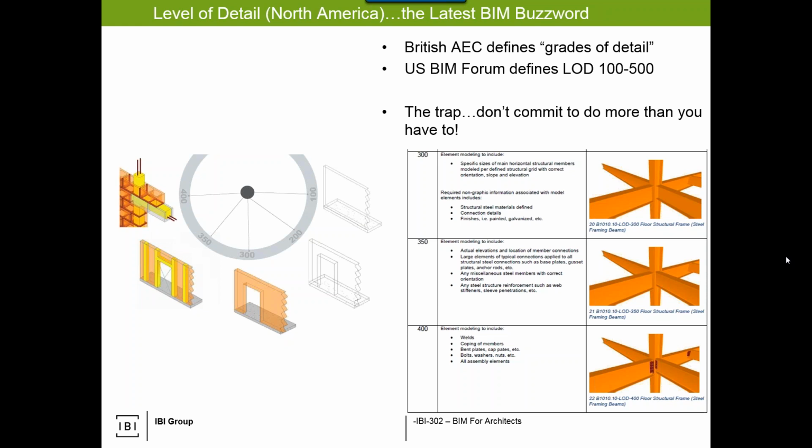On design build, we do see more and more requests to do more in our models in order to make our contractor clients' lives a little more seamless. But again, there's liability issues there that have to be addressed as well.